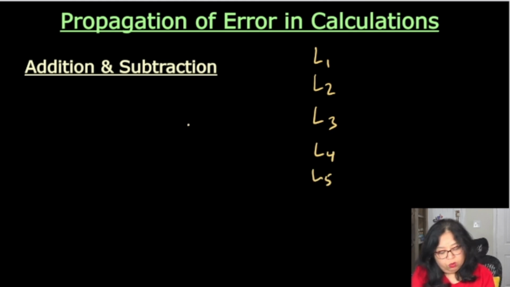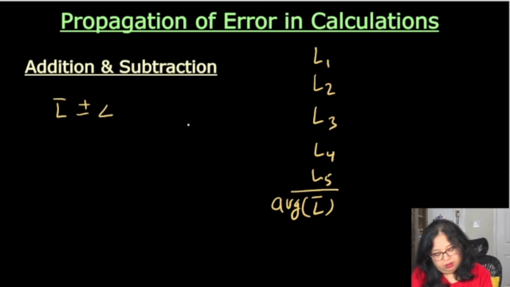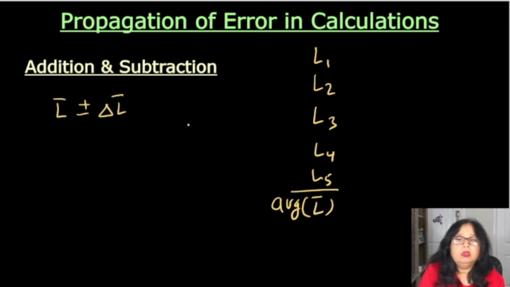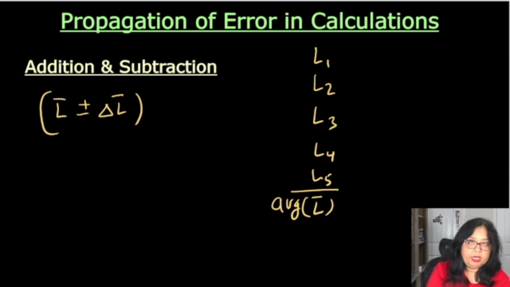After doing so, we found the average L bar, and we also found plus minus delta L bar. So far, that's all we have done. We had only one physical quantity, and we did not bother to do any calculations with that.